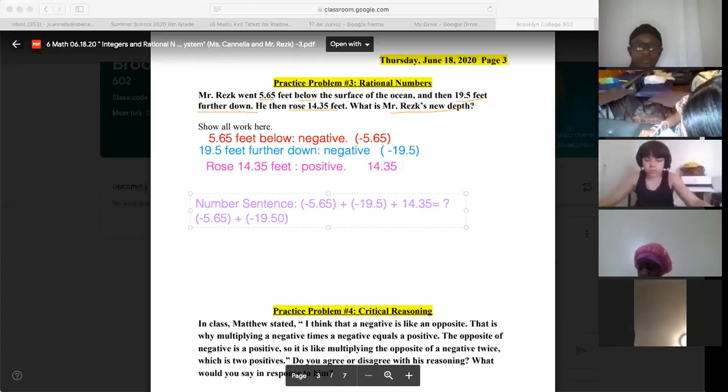So Jasmine, what's negative 5.65 plus negative 19.5 equal to? Negative what? You're going to add them up. You guys are going to add up where my cursor is, but don't type it in the chat because it's too difficult for me to look at the chat. What do you got, Jazz?